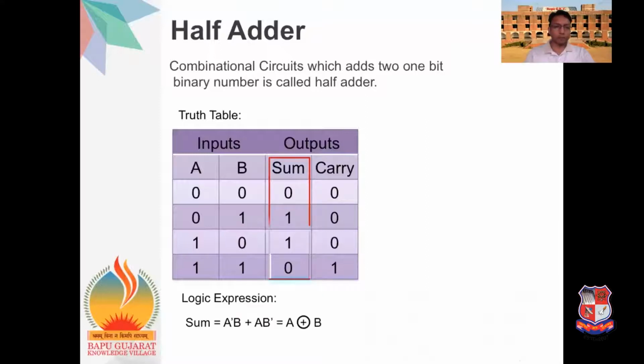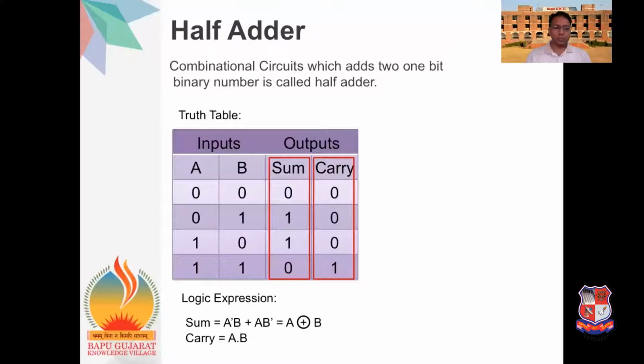Based on these 2 ones, the expression for the sum is A' B + A B'. It represents the exclusive OR gate, A exclusive OR B, A XOR B. So this is the logic expression for the sum.